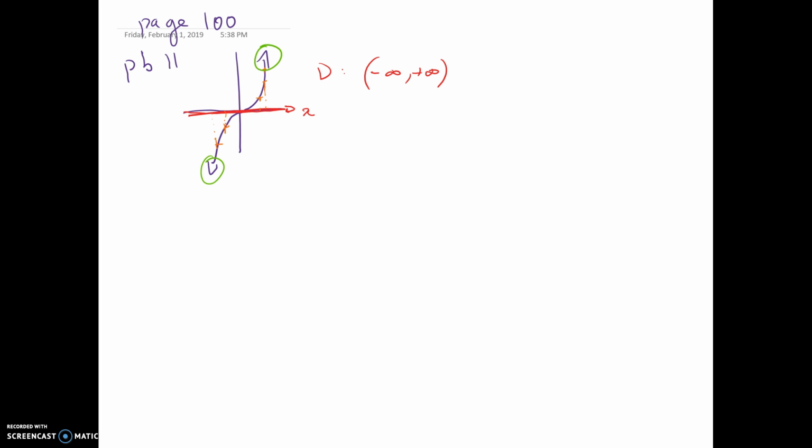Now, problem number 13. What do I have? It is something that looks like this, with this point right here having coordinates (0, 3). I have the axis for the value of y, and this is where I have the value of x. The domain in that case is again all the values of x, and every single point on my graph defines a value of x.